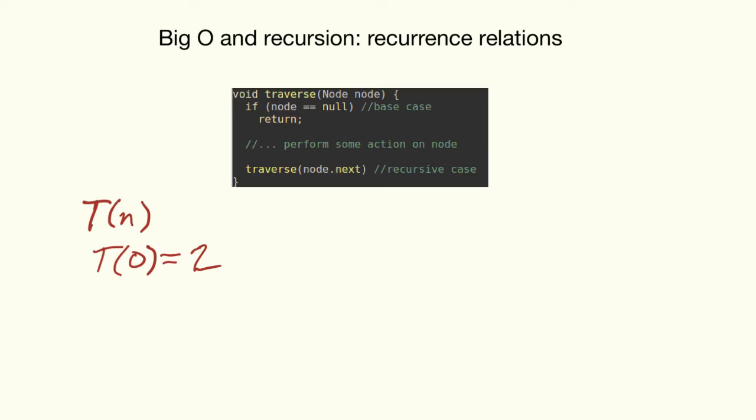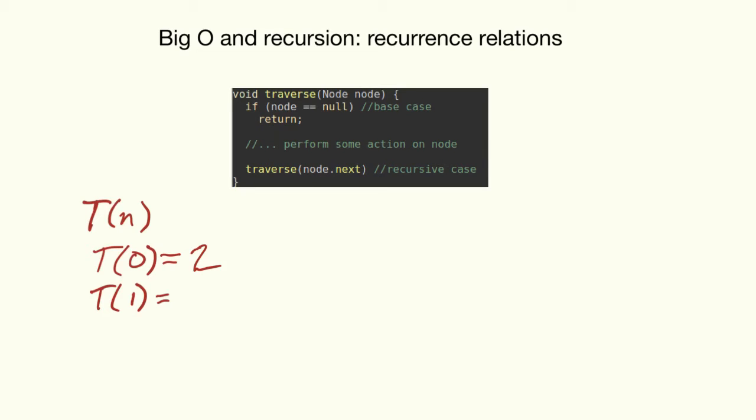Similarly, we're going to structure this the same way the recursive function itself is structured. We could take a look at T of 1. Well, T of 1 does some work. If we have one node in our list, then this test fails, and so we make the recursive call.